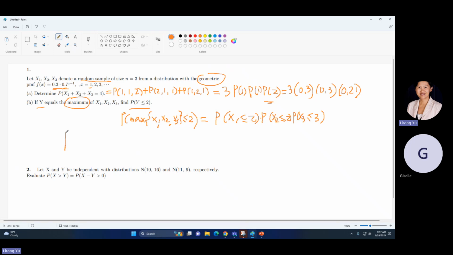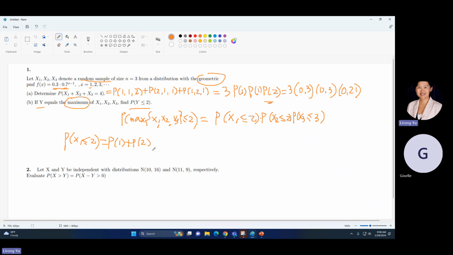Let's see how to calculate the probability that x1 is less than or equal to 2. For a single variable, that means probability of 1 plus probability of 2. X less than or equal to 2 means x is equal to 1 or x is equal to 2.